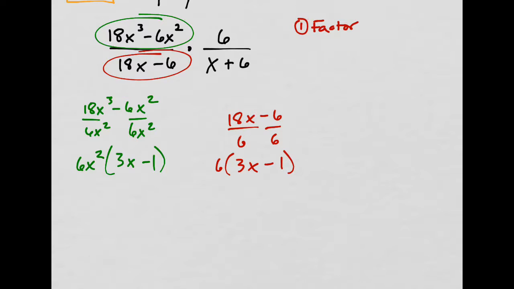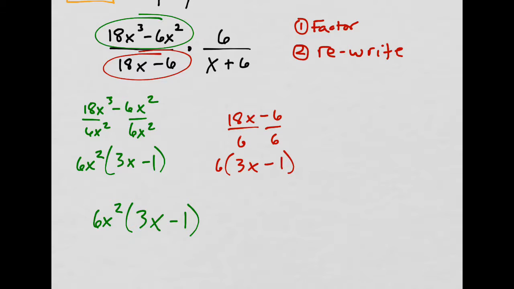The next step is to rewrite it. So instead of 18x cubed minus 6x squared, I have 6x squared times the quantity 3x minus 1.